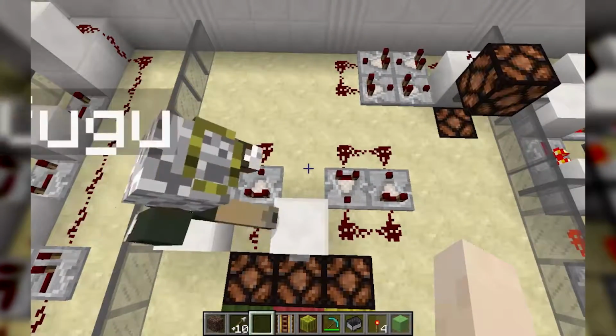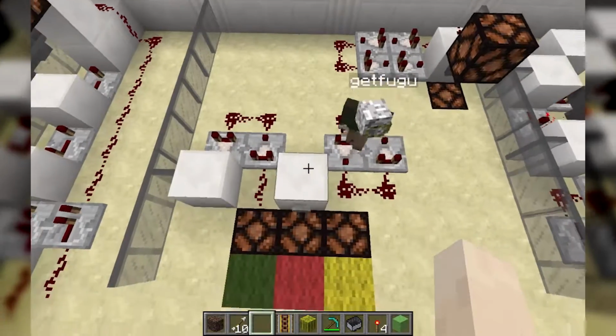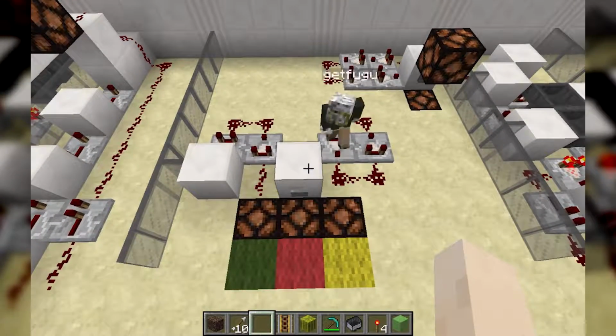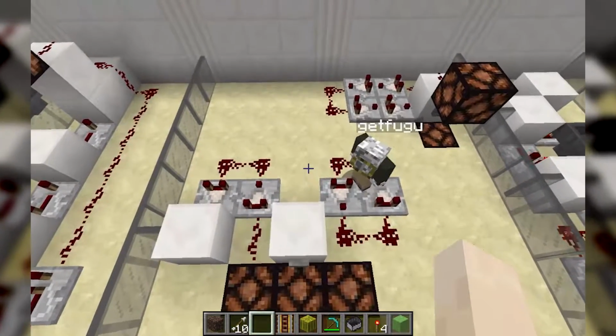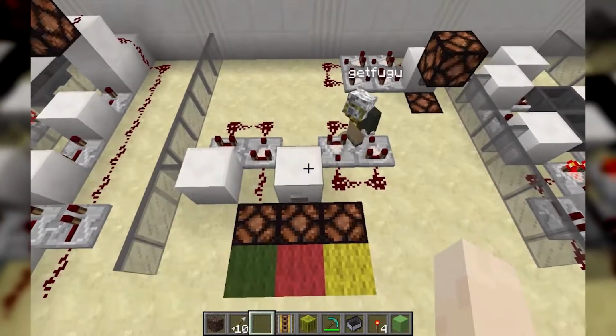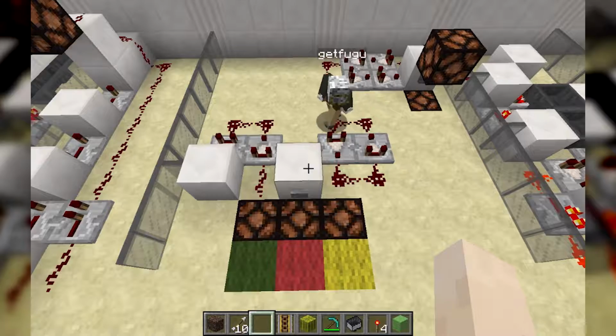So the way this works is because comparators take a long time to process things, and then they also keep the signal that was given to them.